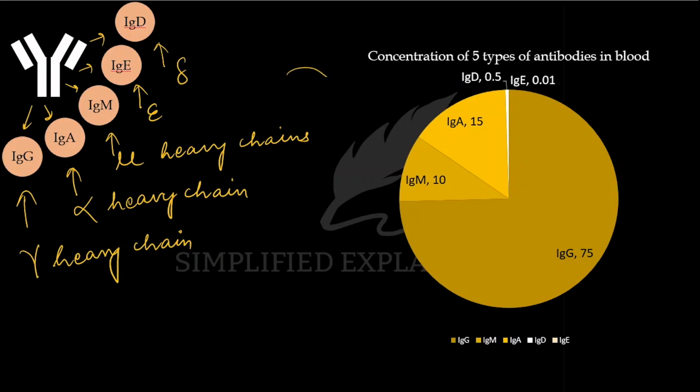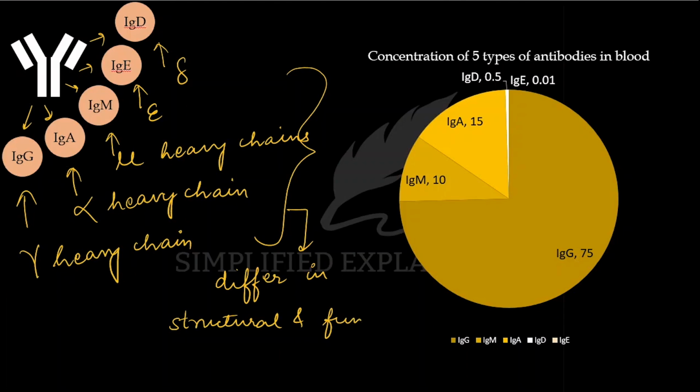Based on these differences, they all differ in their structural and functional properties. Here there is a graph showing the concentration of the 5 types of antibodies in the blood, so we can see which is abundant and which is the least abundant.